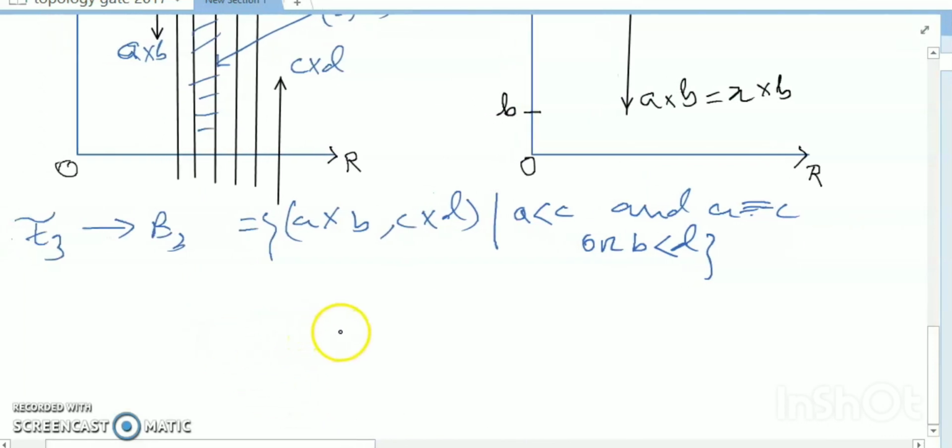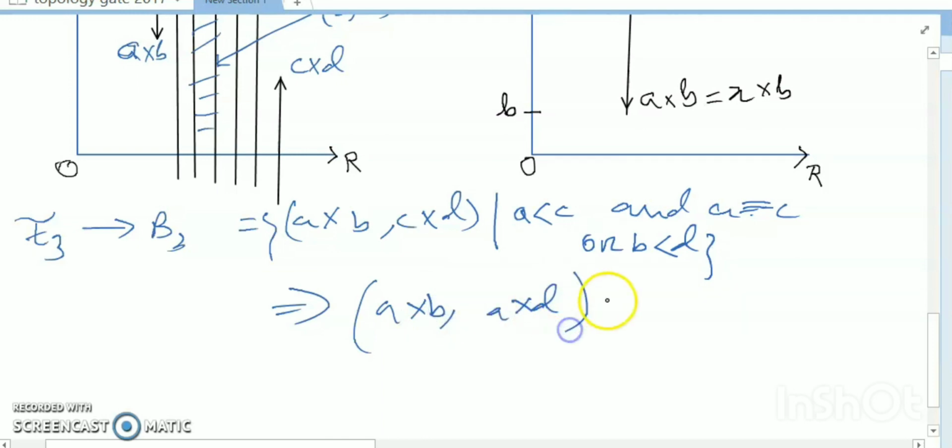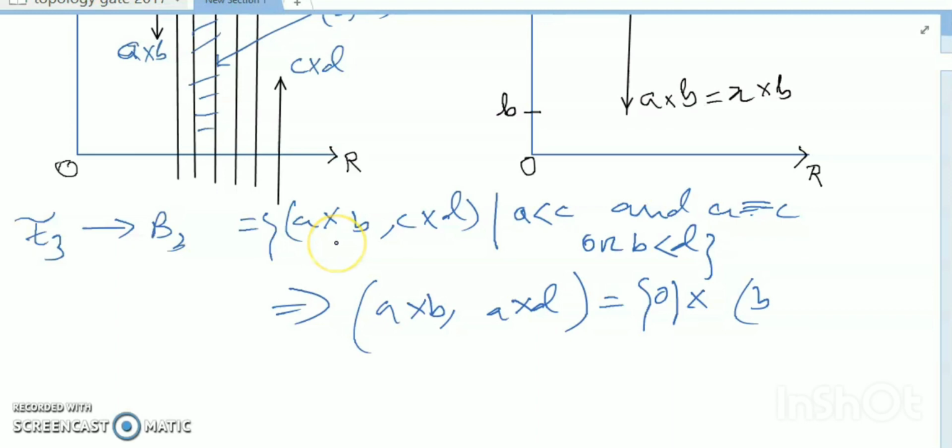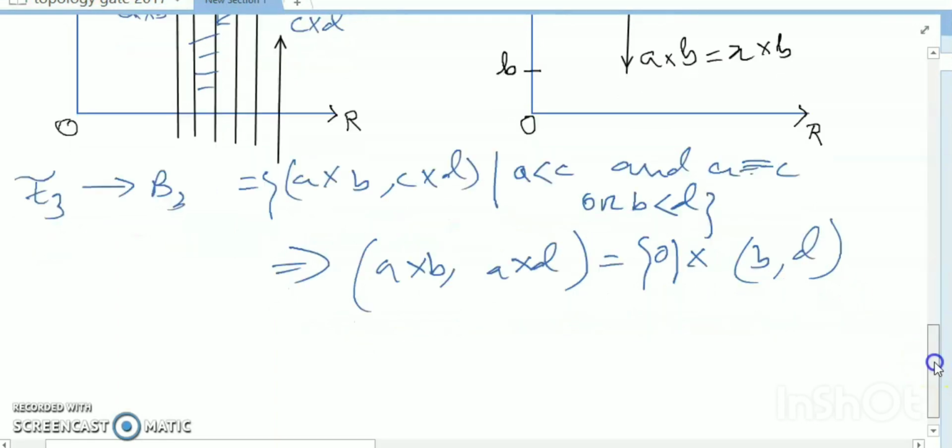So it can be written as A cross B and A cross D, so tau 3 of A cross B, A cross D is equal to 0 comma B comma D.